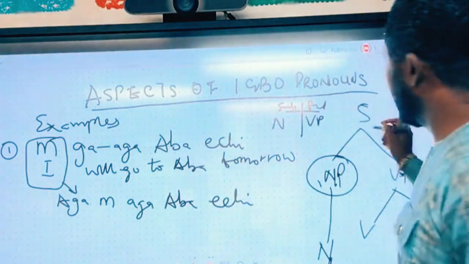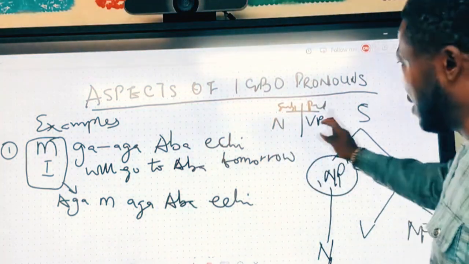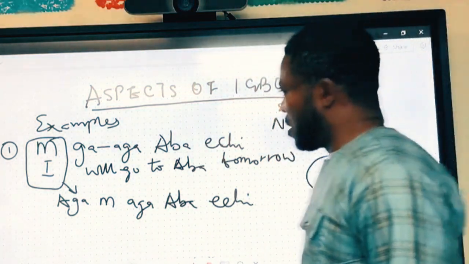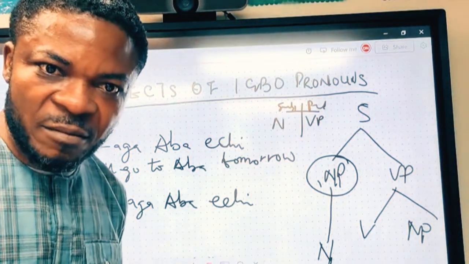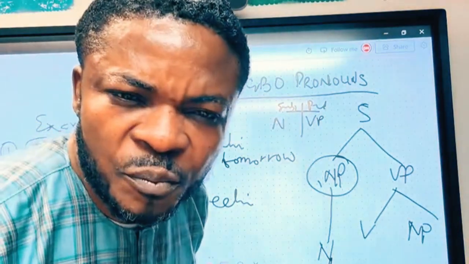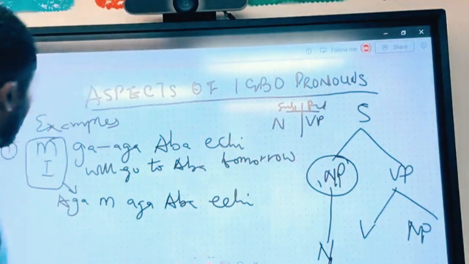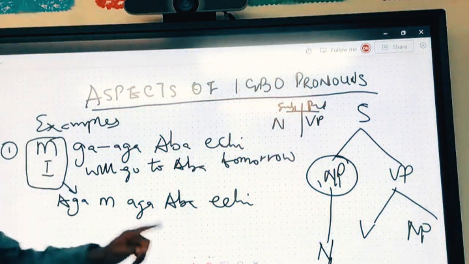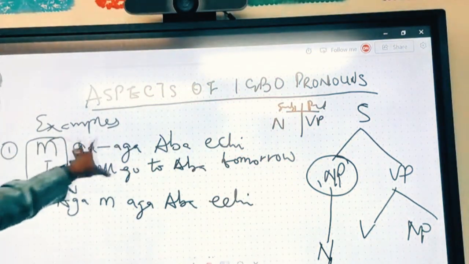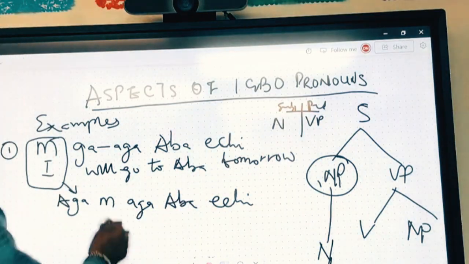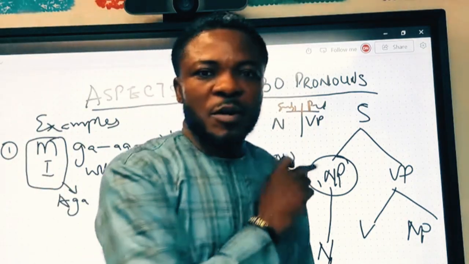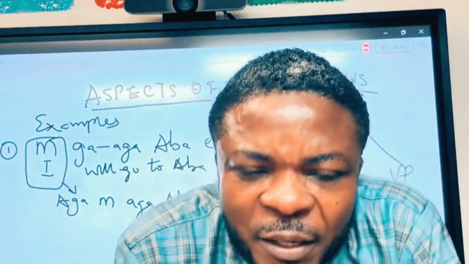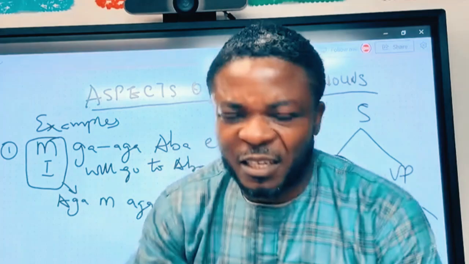Remember I said subject, predicate, and here you go. Now let's look at what makes up this sentence. If you look at our sentence, who can write for me what makes up the VP here in the sentence?